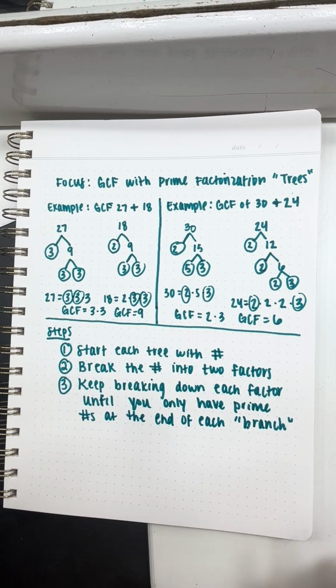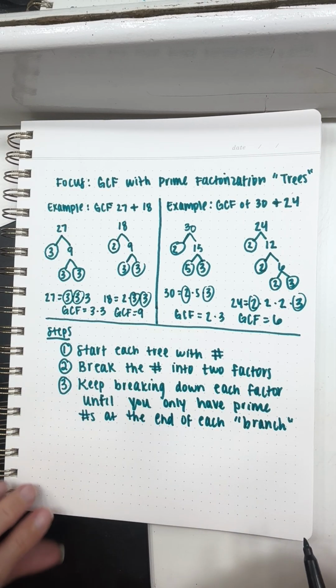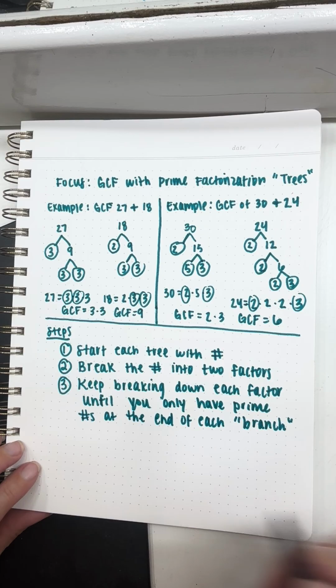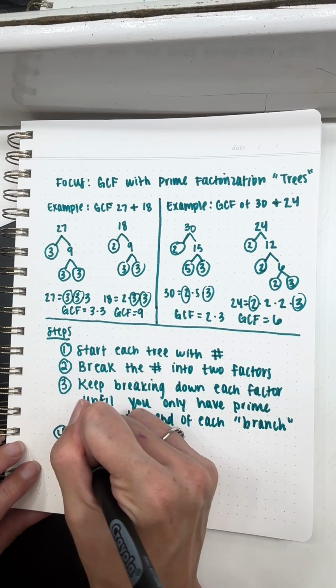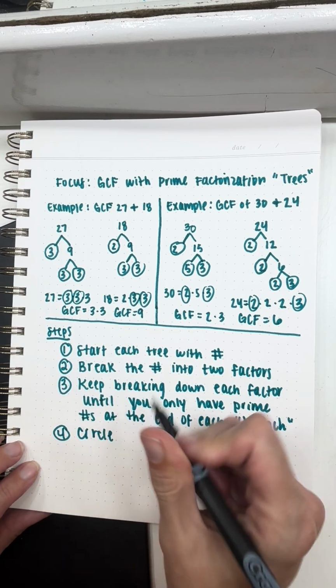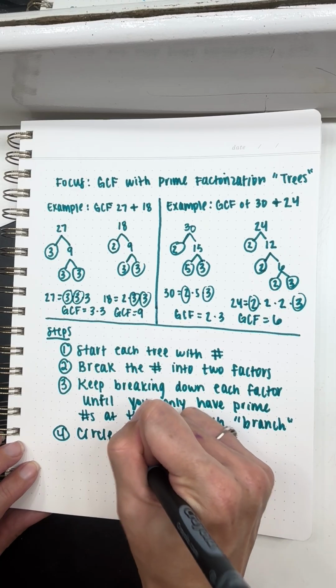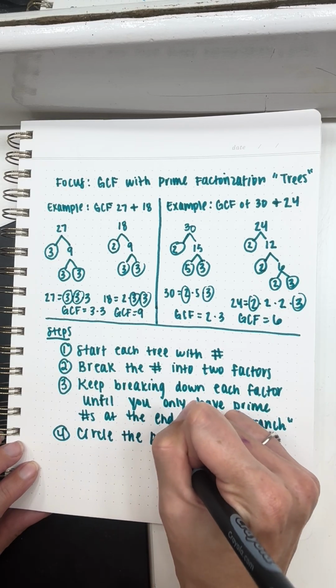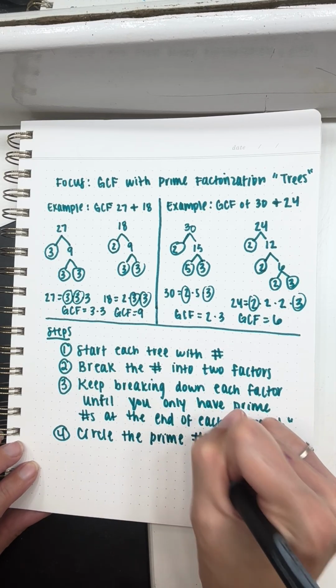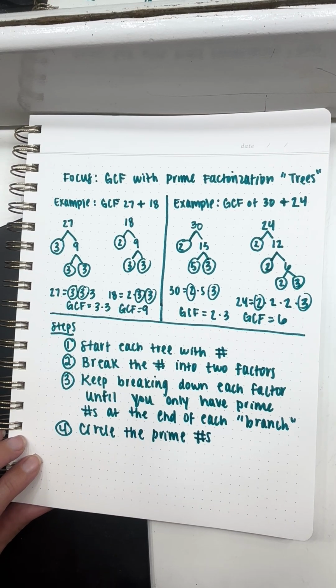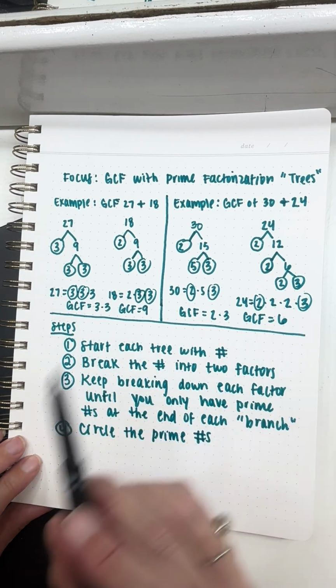I'm putting branch in quotes because it's not a real branch. While I work, I'm going to circle the prime numbers.